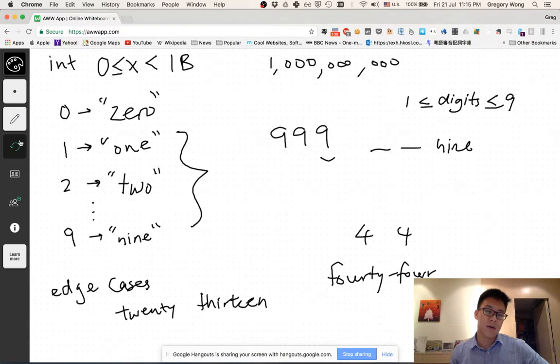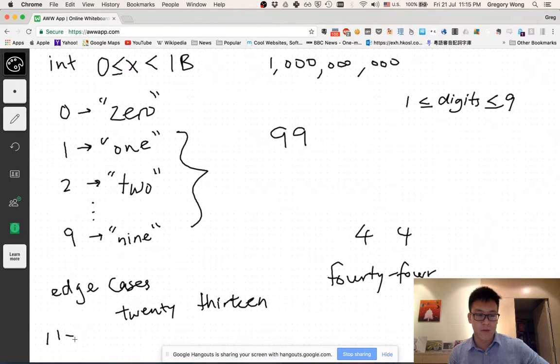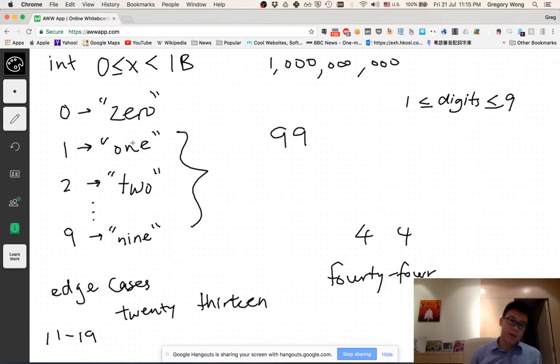Cases where this isn't true are the numbers from 11 to 19, the teens. I think the teens are the only ones where these endings aren't used.